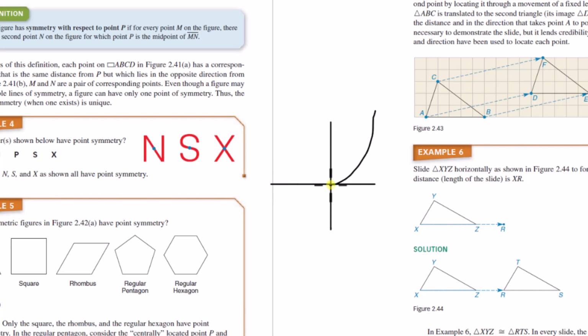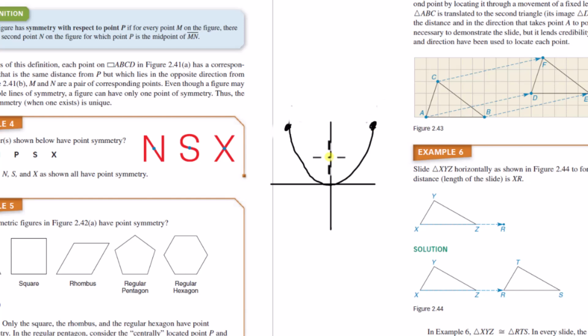Here's a parabola, which is symmetric about this vertical axis. Every point is going to have a corresponding point. But clearly this doesn't have a point of symmetry. Let's make an actual figure here. Let's say this is the figure.